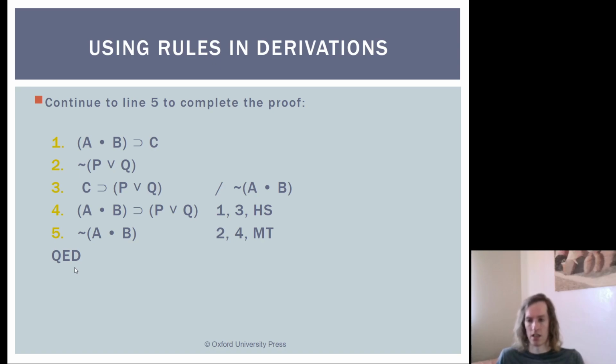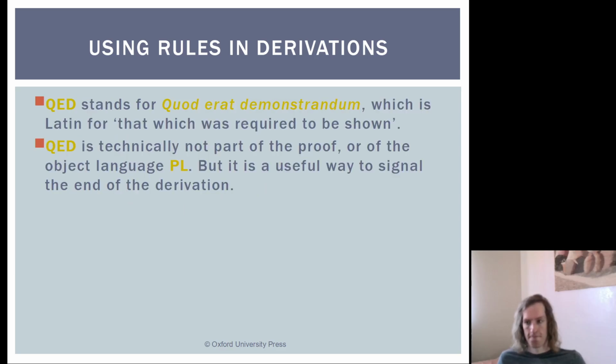That just indicates that you didn't stop halfway through, that you understand that you've arrived at the conclusion, and you've been able to derive that from the original premises. Technically it's not part of the proof, but it's just something to signal that you've done your job there.